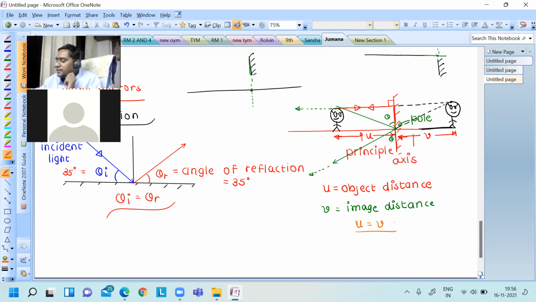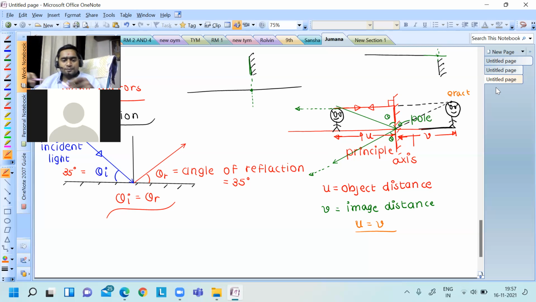Since it's an erect image, erect means straight. If my object is straight, then my image must be straight. That is called erect. If it were reversed, like my stylus pen is like this and the image is like this, with the tip flipped, that is called a reversed image. But if I get this kind of image, it means it's an erect image.